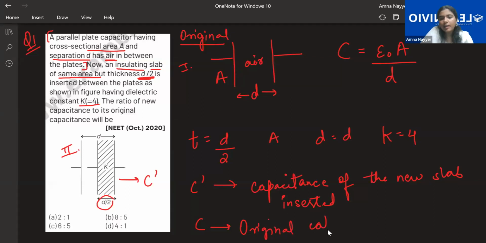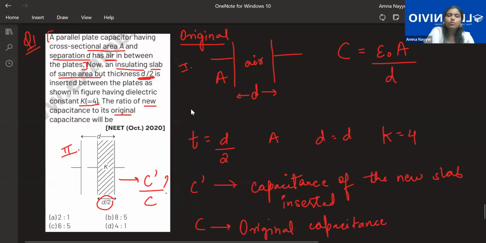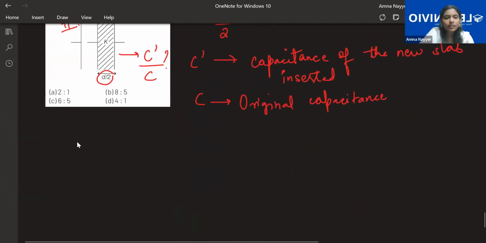So what do we need to calculate? We need to calculate the ratio of new to original, that is, C dash by C. So let's find the capacitance of the new one.